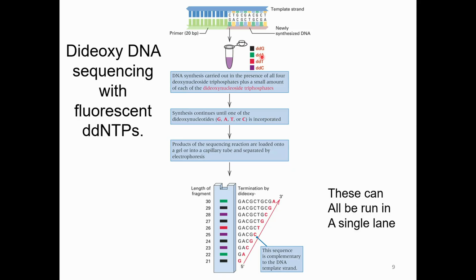But the trick there was they put a different fluorescent molecule on each of the sequencing reactions, and that distinguishes whether it stopped at a T, a C, or a G, and then you can run it all in one lane, similar to before, but now instead of having 4 adjacent lanes, you can just have 1 lane, and the color indicates where the termination event occurred. So to do that trick, you actually need fluorescently labeled dideoxynucleotides, okay? So that was an improvement. You went from 4 to 1 lane.